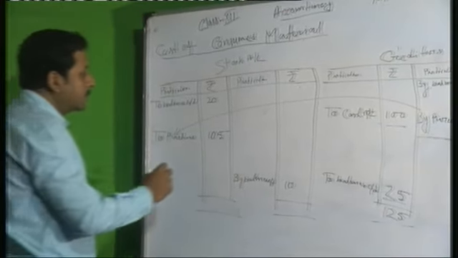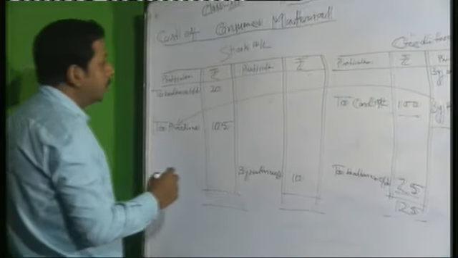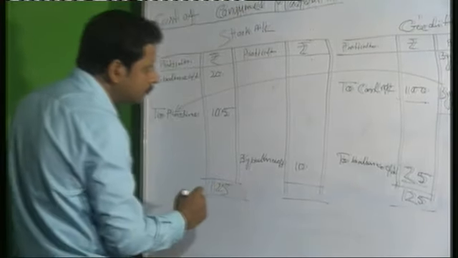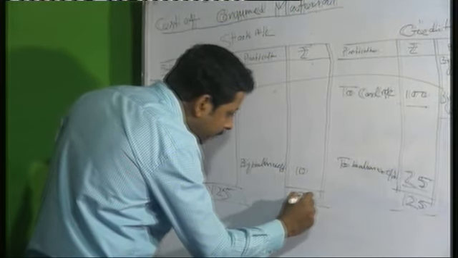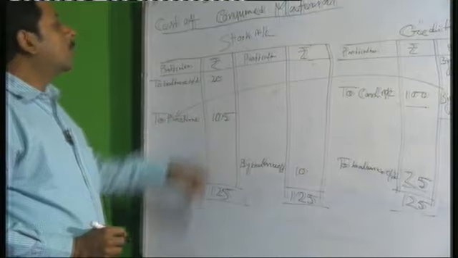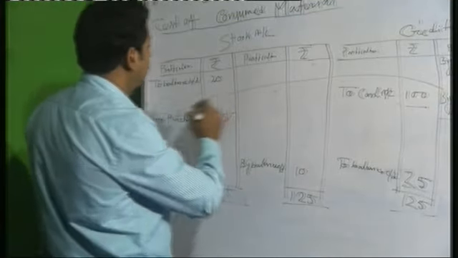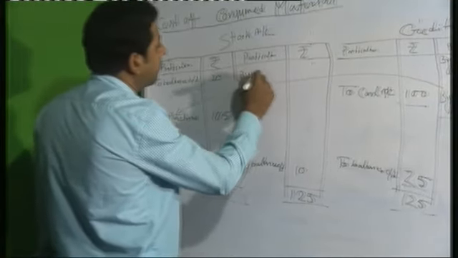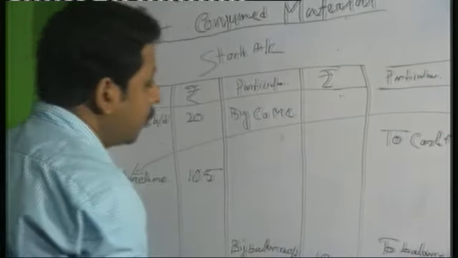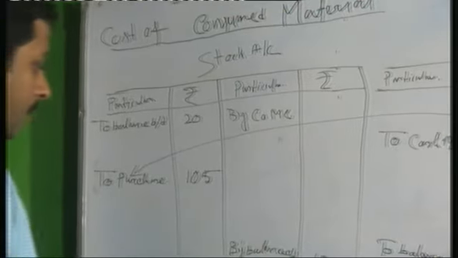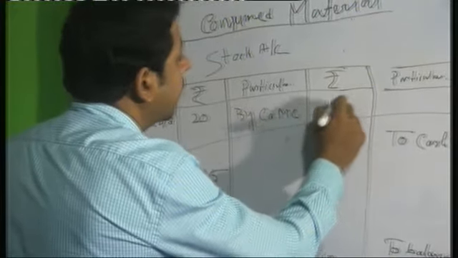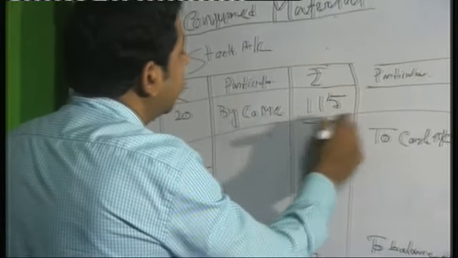What will be the balance? Then total cost of material is 125. Then what would be the value of cost of material consumed? The value is 115 we have consumed.